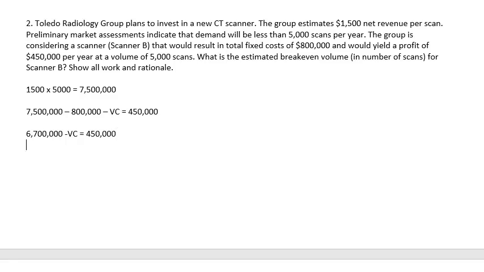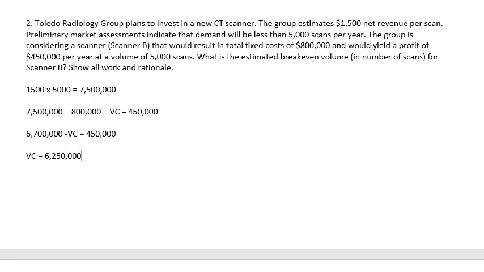From here you can do a little basic algebra and figure out that VC, total variable costs, are going to equal, checking my calculator here, yes, 6,250,000.